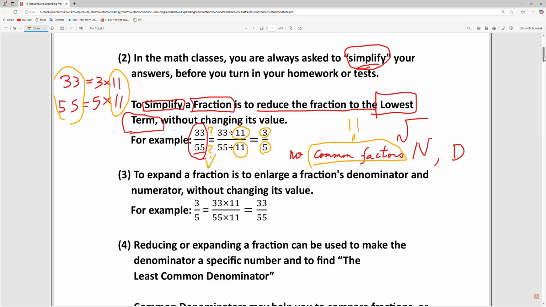Right now I'm not going to show you the concept yet. Here I go over the first page, tell you overall what we are going to learn, and then I will go back to explain the concept of how to reduce the fraction.